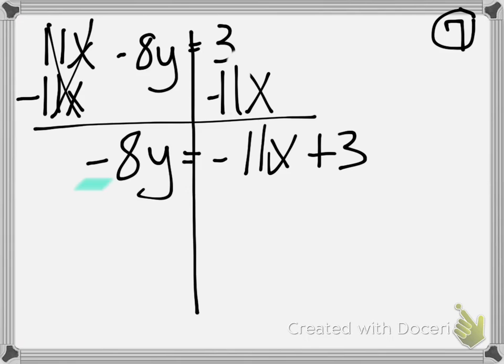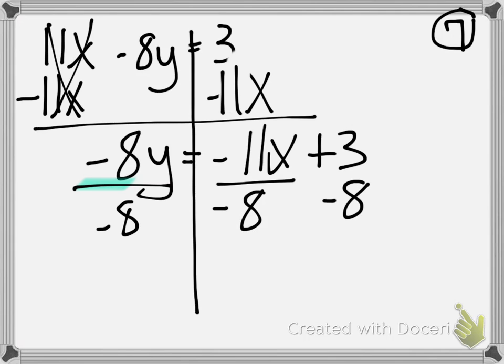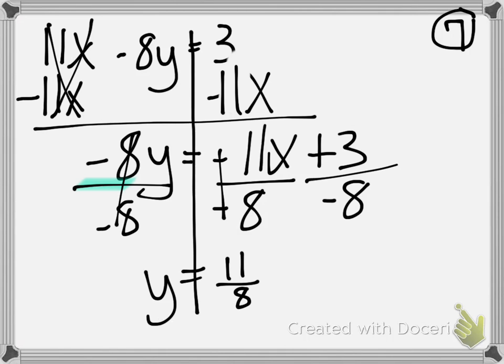Still need to get negative 8 away from it, so I'm going to divide. And I'm going to have to divide everything. Two negatives make a positive, so that's 11/8 x. And that cannot simplify besides becoming a mixed number, and we don't want that. And then I have a positive and a negative here, so it's going to become negative. So it means minus 3/8.